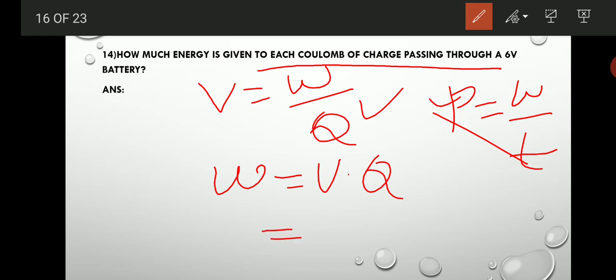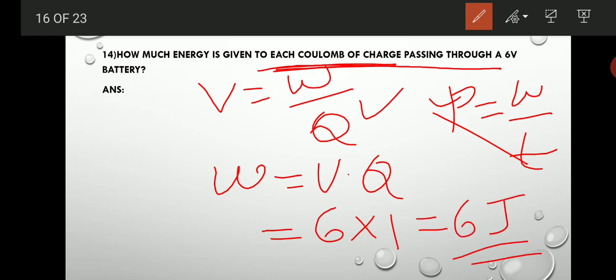So voltage is 6 and the charge, each coulomb of charge, that means Q is 1. So it is 6 joule. Okay. So here a lot of formulas are there. So you must know which formula is suitable for that particular problem.